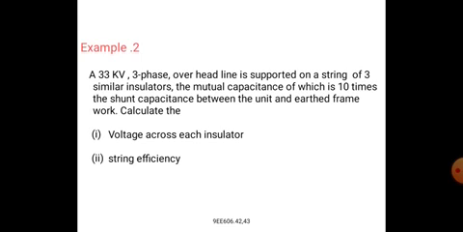So K is equal to C1 by C, so C1 is equal to K into C. We have to find the value of C. C is equal to 10 into C1, where C1 is the shunt capacitance between the unit and the earth framework. Calculate the voltage across each insulator and the string efficiency.